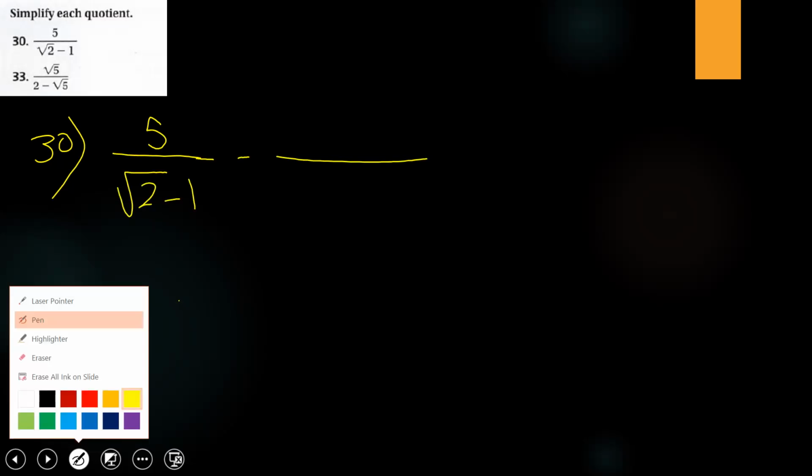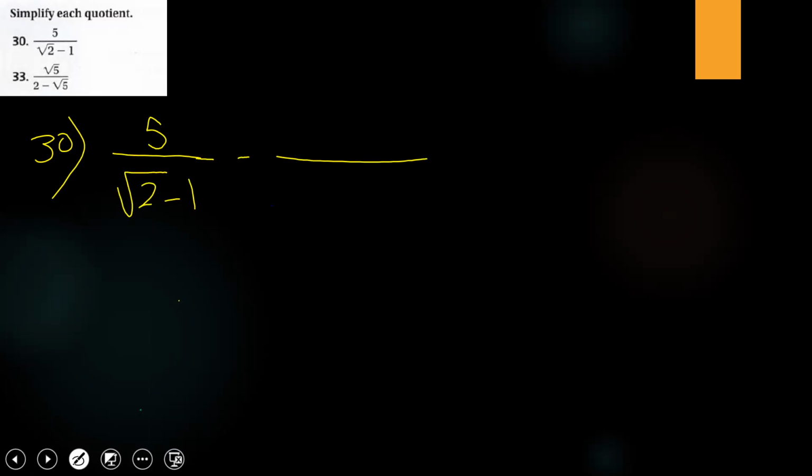So 5 over square root of 2 minus 1. Now what is its conjugate? What do you have to write down? Square root of 2 plus 1. Exactly. Square root of 2 plus 1, and up here, square root of 2 plus 1.